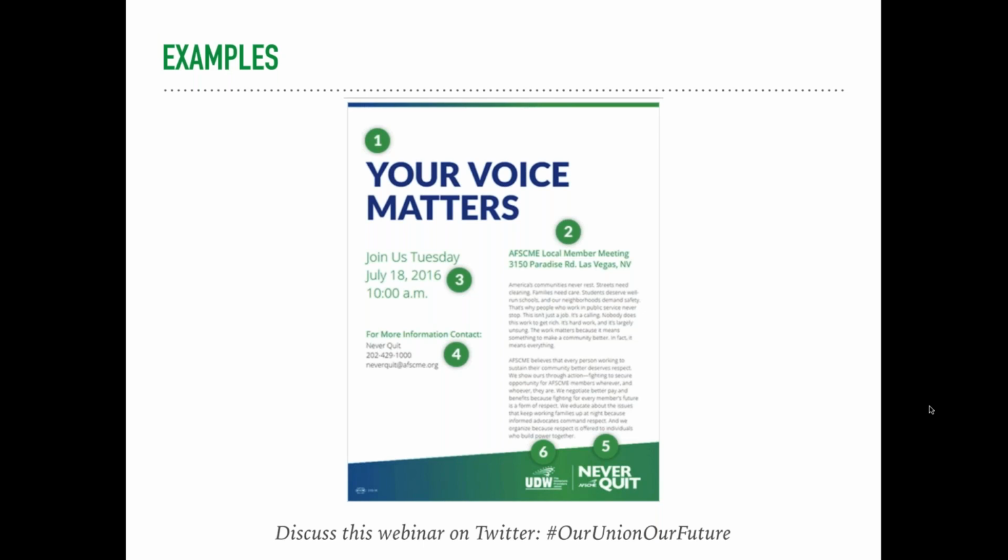So this type of meeting flyer would work well. It again has a nice bold message at the top. It doesn't just say, hey, here's the local 1, 2, 3 meeting. It actually gives members something to think about. And then as they go down the page, they're going to see some important information that they would expect to find about where the meeting is, when it's taking place, and why I should come.